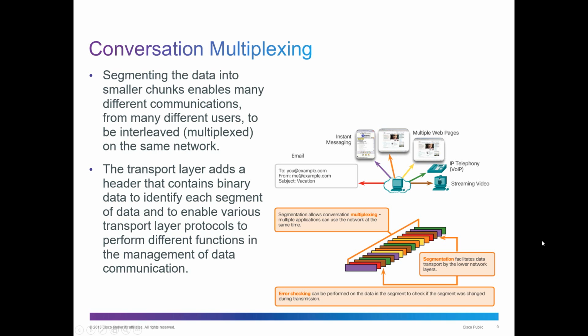So you can see the segments down here. So it allows us to send multiple types of packets over our network at the same time. Okay, error checking can be performed here. And that's about it. We'll move right along.